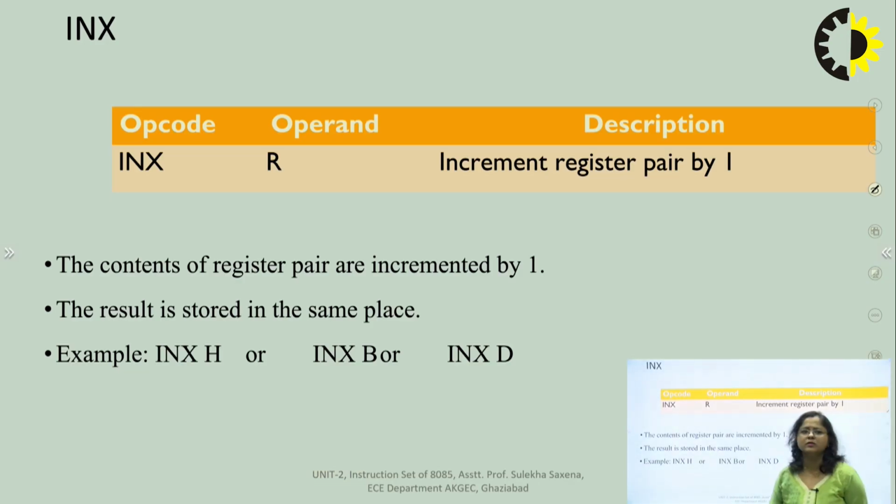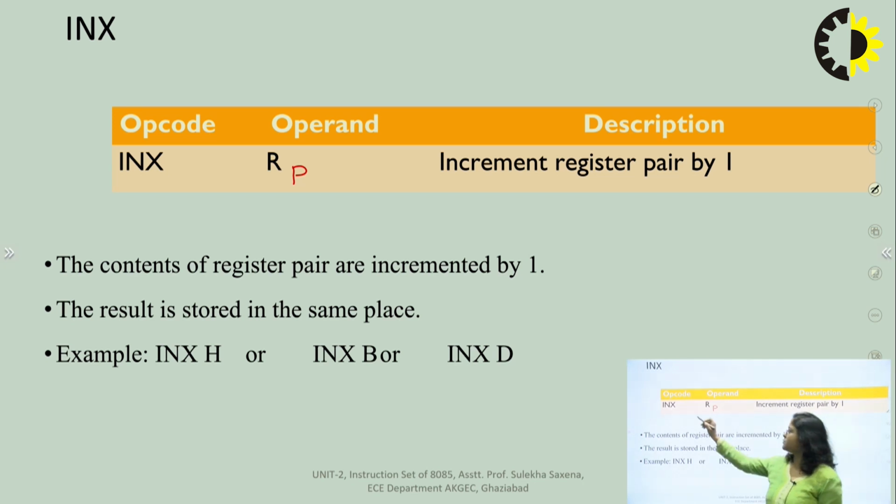Now moving towards 16-bit increment or decrement. For this purpose we use INX R. Here INX R means INX register pair, and the 16-bit data will be stored in a register pair only.